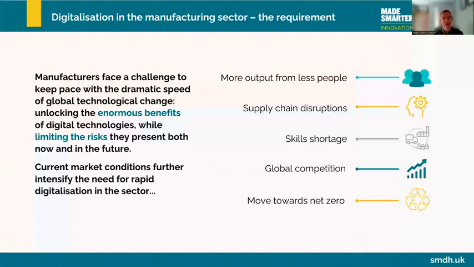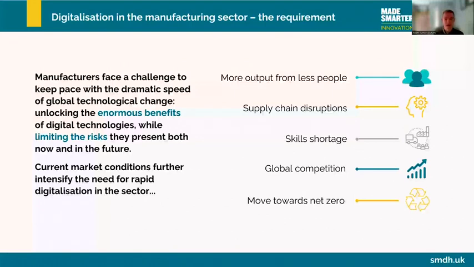We also know that there is an element of skill shortages. So again, this could be related back to freedom of movement policies, but it could also be linked to availability of casual staff, full-time available staff, and the constant stream of upskilling individuals coming out of organizations. We know that in the wake, again, of COVID, there's been a massive surge in global competition.